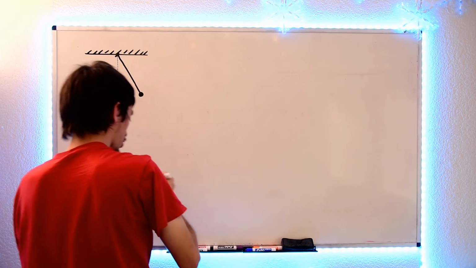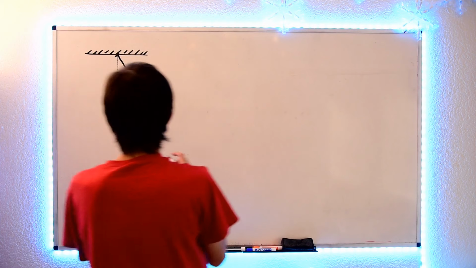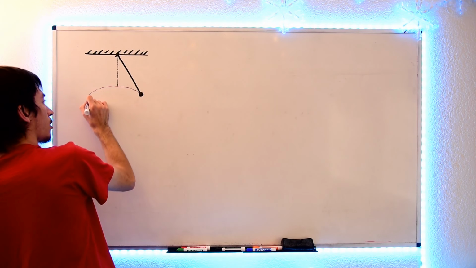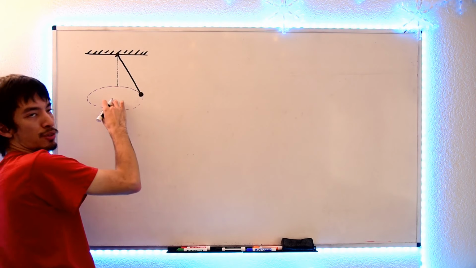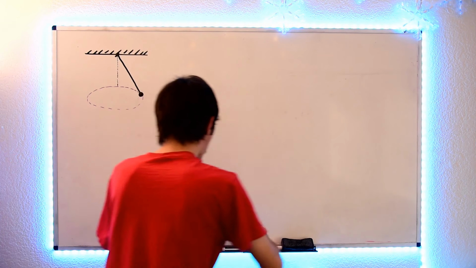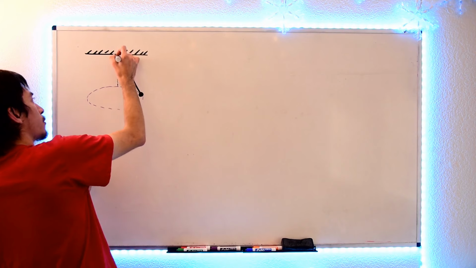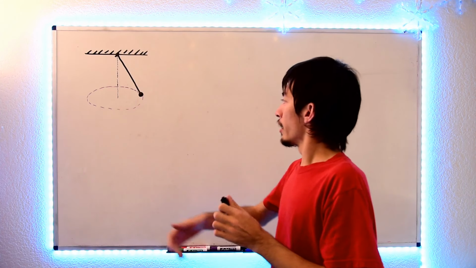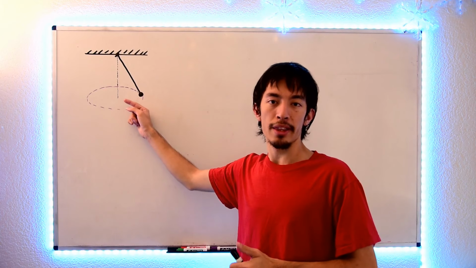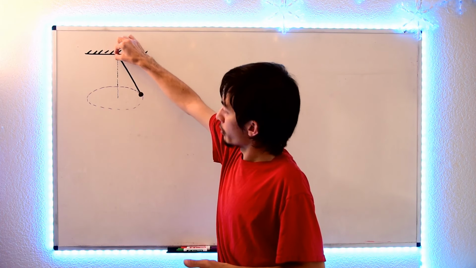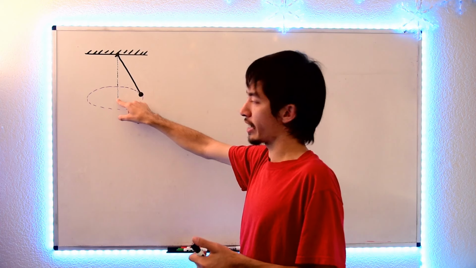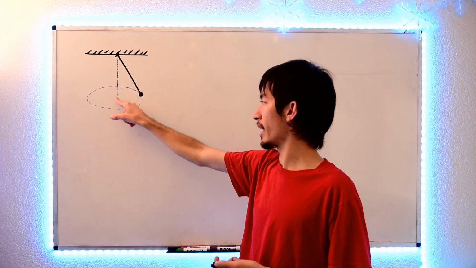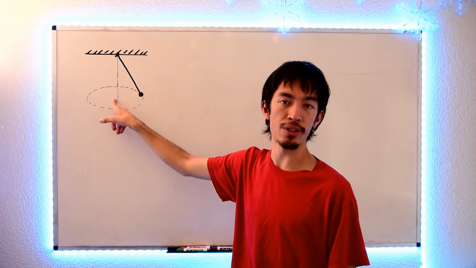So if we kind of draw that in, there's this horizontal circle that it goes in. And the vertical line would just go straight down. Notice that it's drawn in such a way that the vertical line goes straight down and intersects with the horizontal circle, so that where it hits that circle, that is the center of the circle.